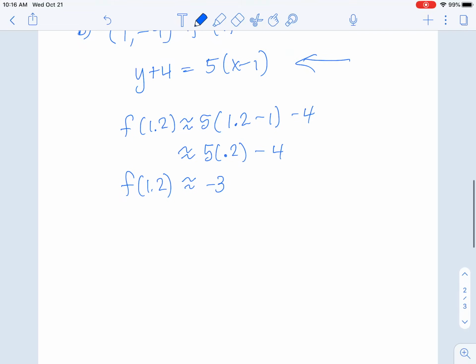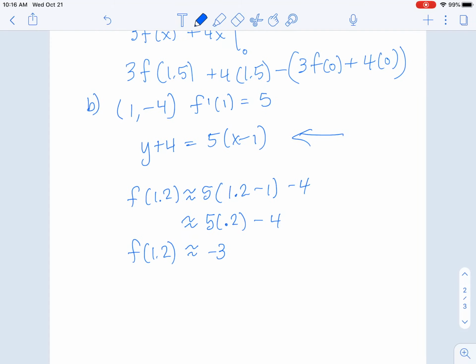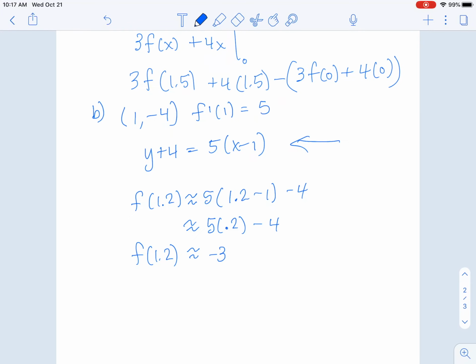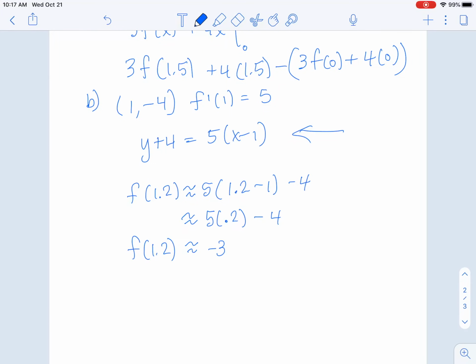Then it asks, is the approximation greater or less than the actual value? And that has everything to do with the fact that it's concavity. So the approximation is less. Now, some of you told me that it was less because of increasing, okay?